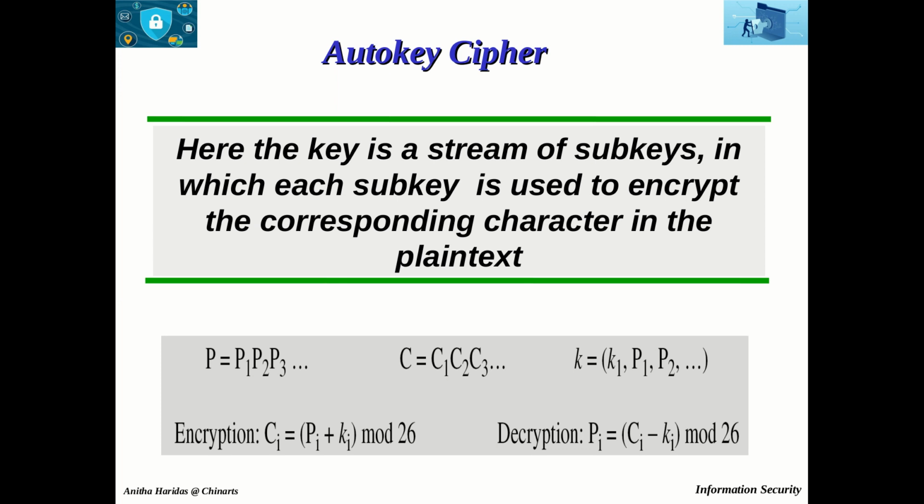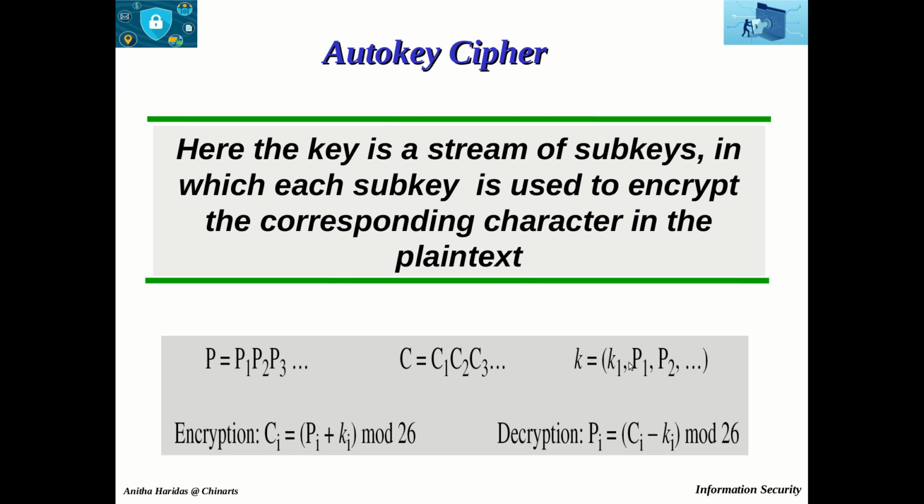Here, the key is a stream of subkeys in which each subkey is used to encrypt the corresponding character in the plain text. So here, the first subkey is a predetermined value which will be agreed between the sender and the receiver.